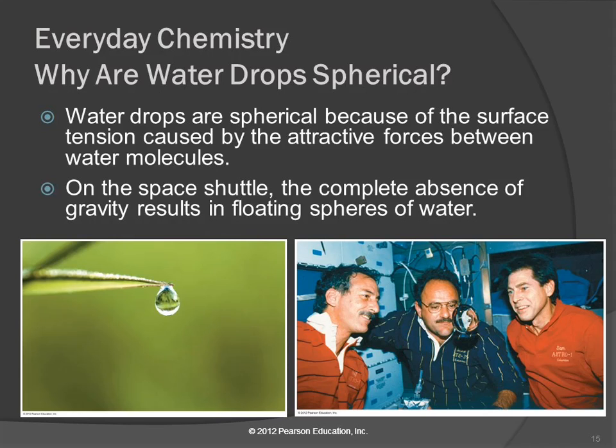No gravity. The water forms a sphere and just floats along. And if you break it into smaller pieces and herd them together, they'll join up and you can make a really big sphere of water just floating. Because of the surface tension, it's going to form a shape that has the smallest amount of surface area, which is a sphere.